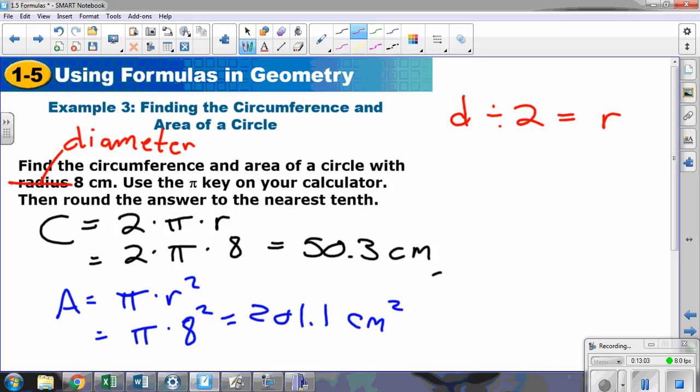So if the problem had given us the diameter, of course it didn't, but if it did, we'd simply cut the 8 in half. 8 divided by 2 would give us 4, and so we could put in 4 for a radius, and then just basically use different buttons on our calculator. Just have to make sure that we adjust it and use the correct thing in the formula.